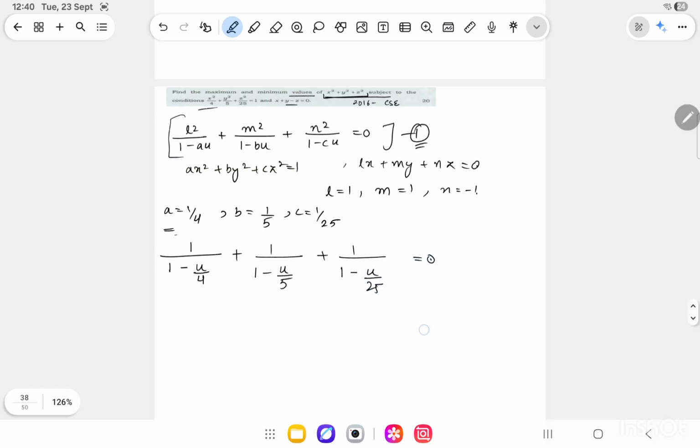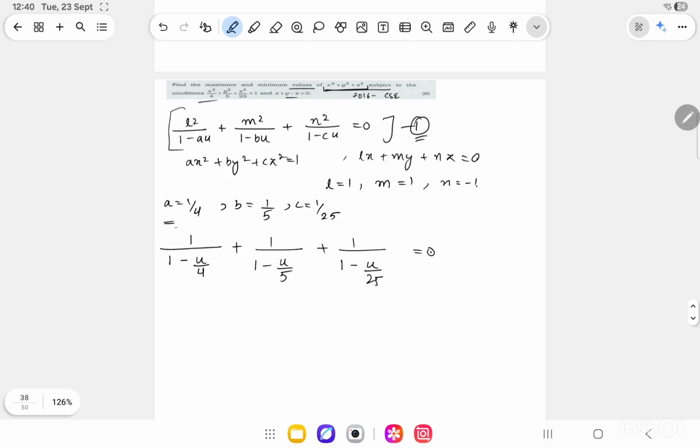If we solve it, we'll basically get 4 by 4 minus u plus 5 by 5 minus u plus 25 by 25 minus u equals to 0.